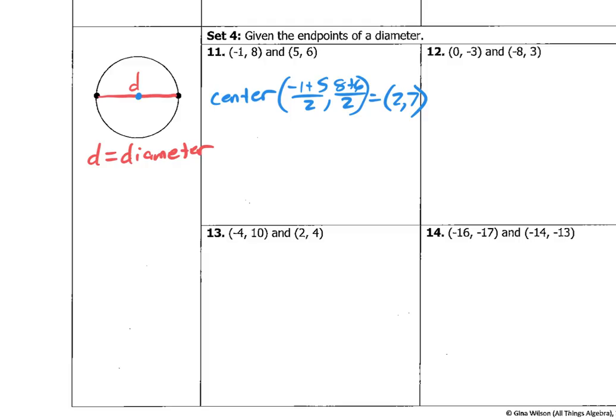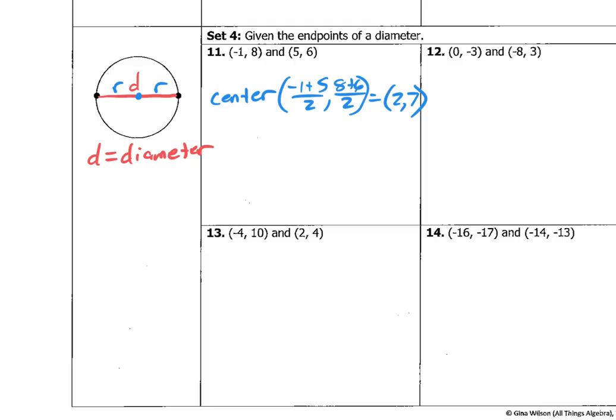Okay, to find my radius, I could find the distance between the center and either of the endpoints. So I could go from 2, 7, and I could go to this point, or I could go from 2, 7 and go to this point. Okay, you could go either way. And I think that's the easier way to go.